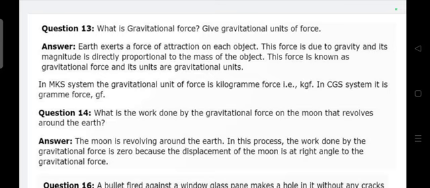This force is due to gravity and its magnitude is directly proportional to the mass of the object. This is known as gravitational force. The MKS gravitational unit of force is kilogram force, that is kgf. In the CGS system it is gram force, that is gf.